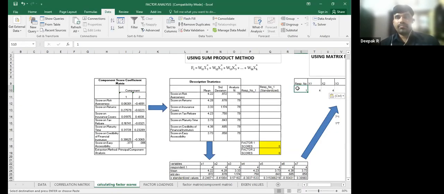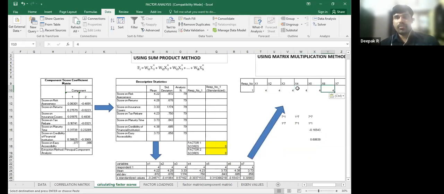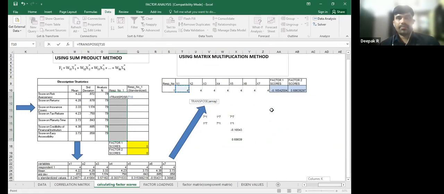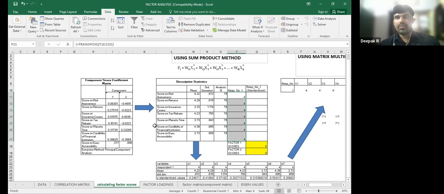This is the responses of the first respondent. And what I'll try to do is transpose this data so that it is easier for us to look at. So if I go for transpose, okay, we have got the data. Now what I want to do is find the sum product function. First and foremost, I need to convert these values into standardized scores.